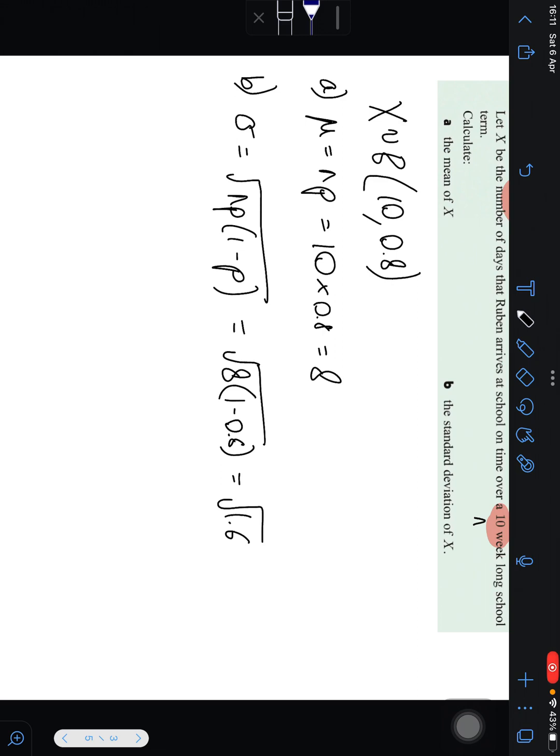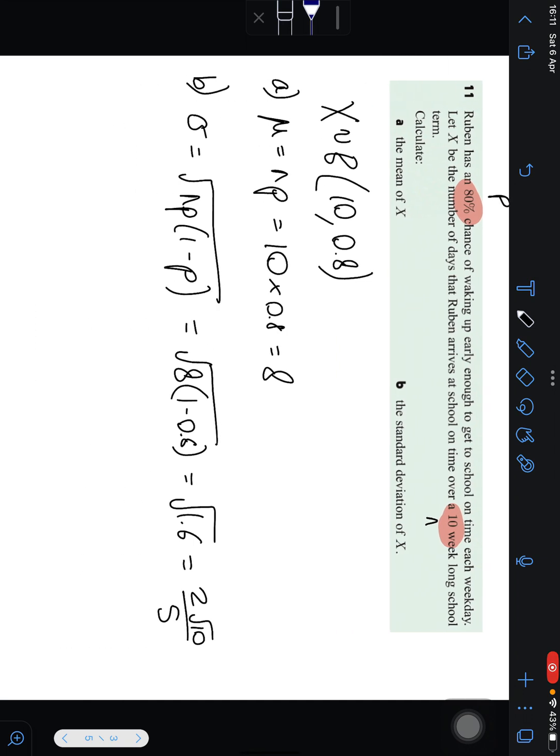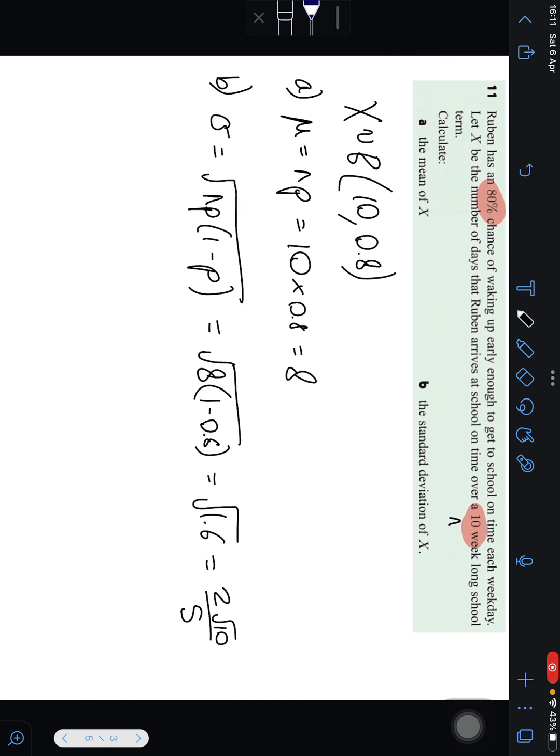Should really do that in my head. 2 root 10. Can always put stuff in decimals as well, but that's fine by me, giving it as an exact number.